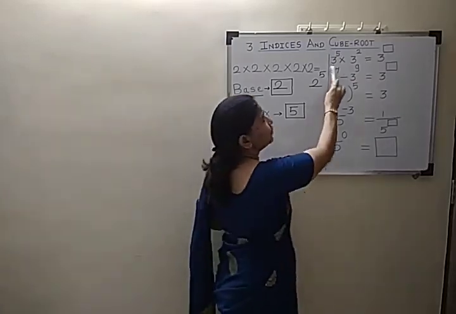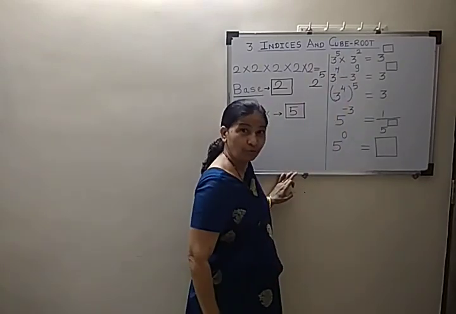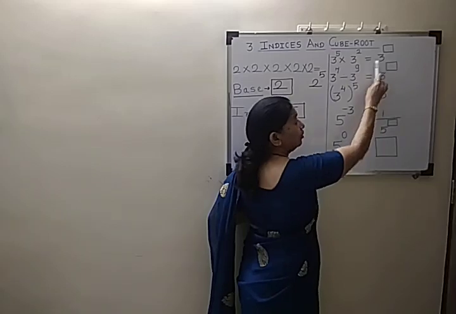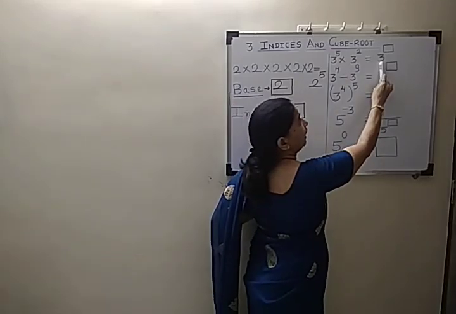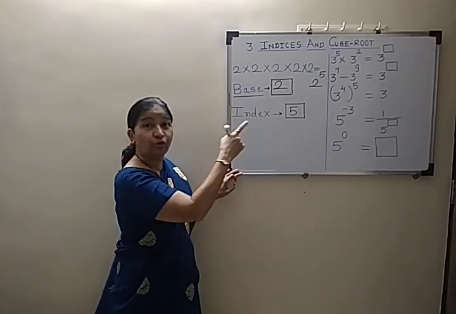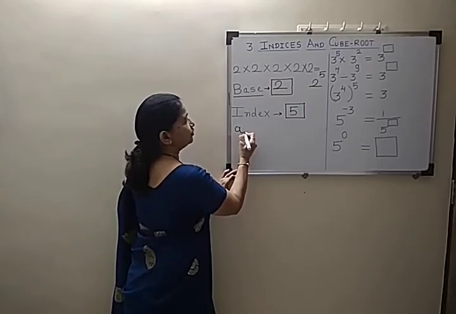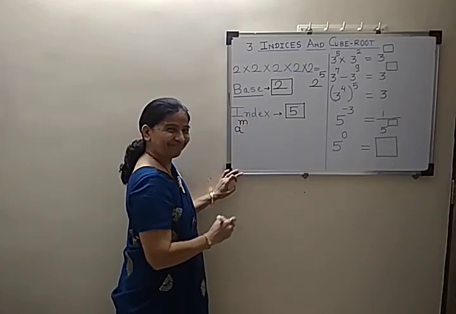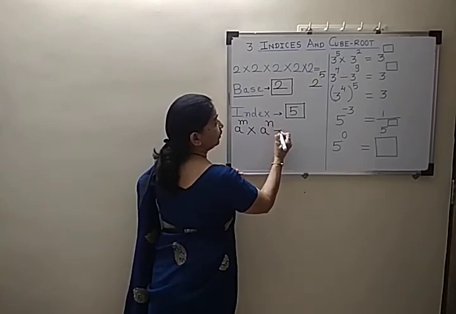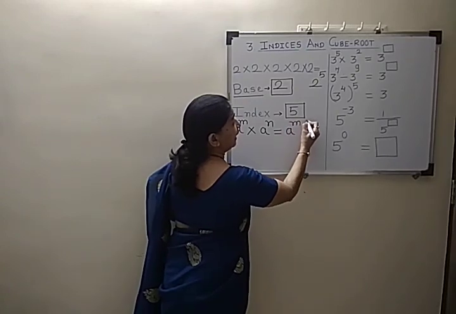So the first one, see, here 3 raised to 5 into 3 raised to 2 is equal to, we will complete the activity, 3 raised to how much? Here I have to remember one rule. See, a raised to m into a raised to n is equal to a raised to m plus n.